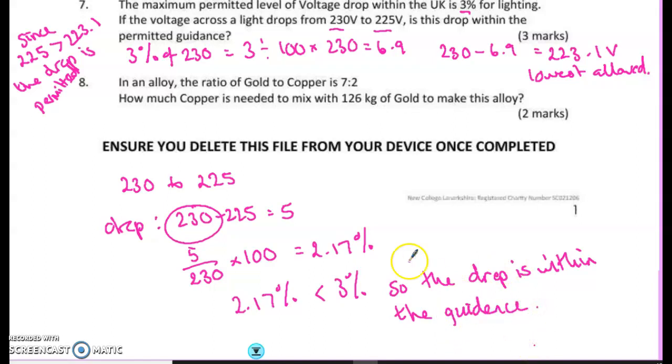Last one, number 8. In an alloy, the ratio of copper to gold is 7:2. Sorry, I'll read that again. The ratio of gold to copper is 7:2. So there's my gold, there's my copper. That's in ratio 7:2. How much copper is needed if we've got 126 grams of gold?